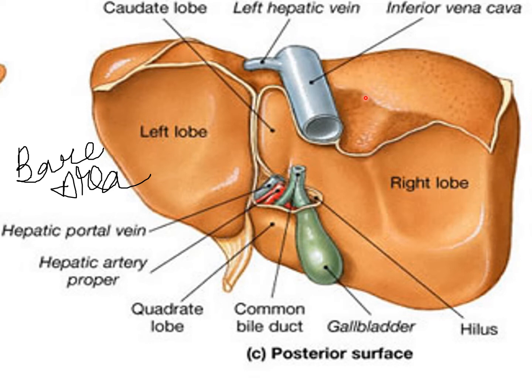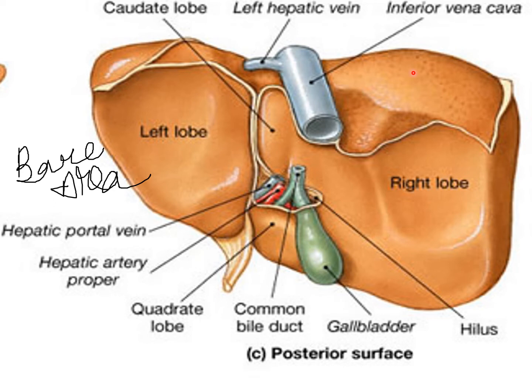This part of the liver is not covered by peritoneum. See the pointer as it moves. This part of the liver is a little less shiny than this, because this is covered by a covering and this is not covered. This is a bare area.